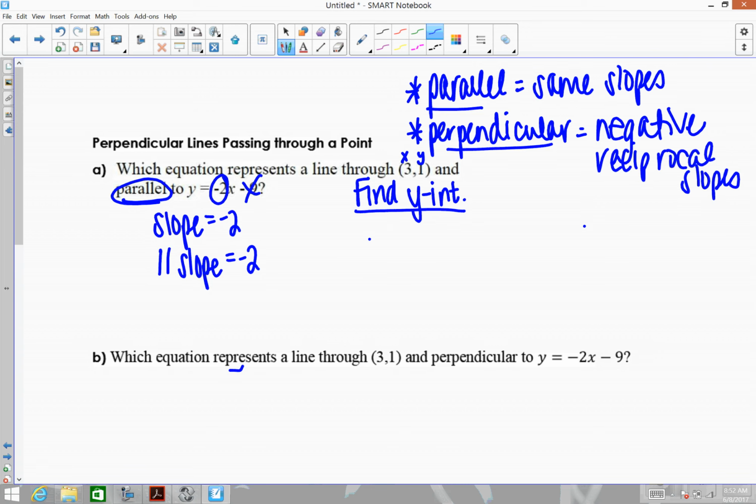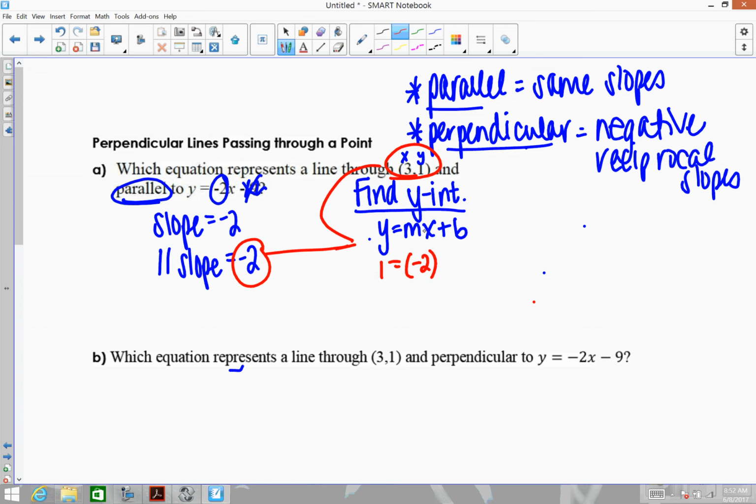You could graph this point, and then you can count the slope until you get the new y-intercept, or you can find it algebraically, which you should know how to do in case, again, they give you like fractions or something. So to find the y-intercept, this is your x, this is your y. Always just cross out that old y-intercept so you're not tempted to use it. And what you're going to do is plug into y equals mx plus b. So I have 1 is y, m is -2, x is 3, and I'm solving for b.